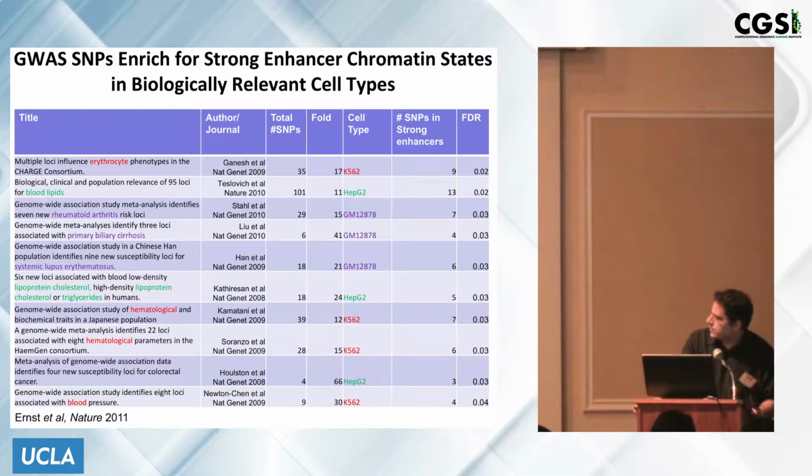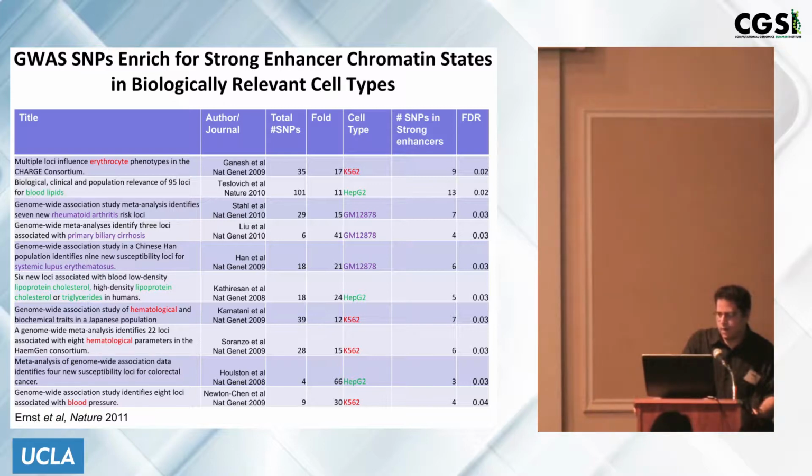We did this analysis just based on these lead SNPs, primarily from the NHGRI GWAS catalog at the time, and showed for a number of different studies that we saw this association for the GWAS SNPs with what we were characterizing as enhancers in the biologically relevant cell type. So immune-related GWASs were falling into the lymphoblastoid cell type, and some liver lipid-related traits were falling into HepG2, which is a liver carcinoma cell type.